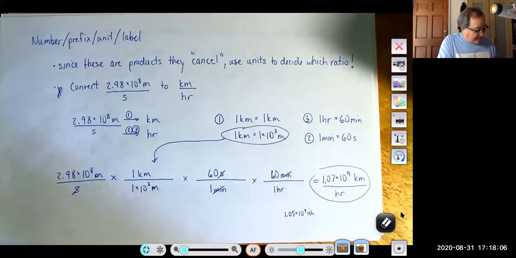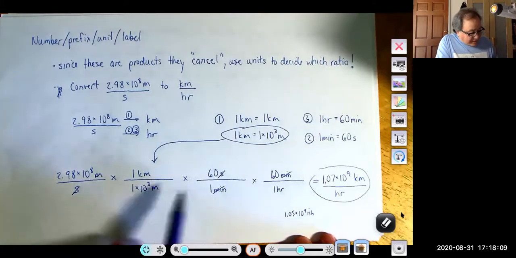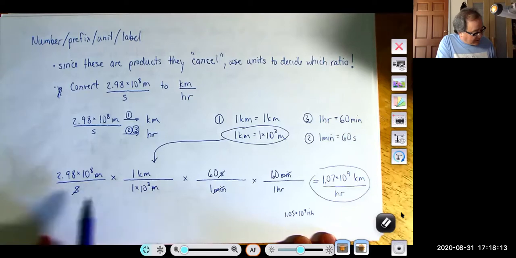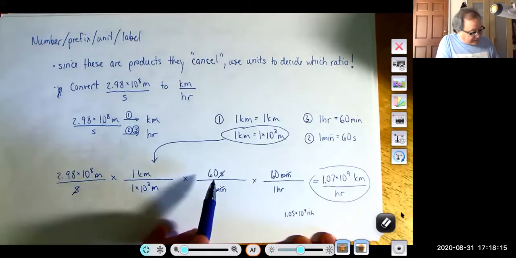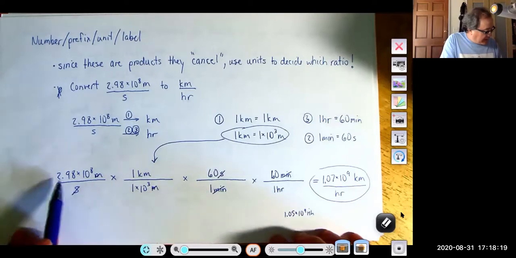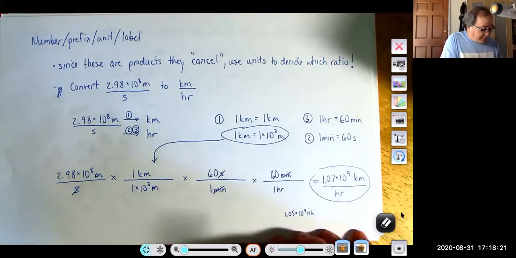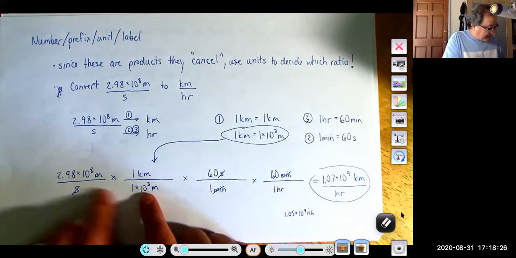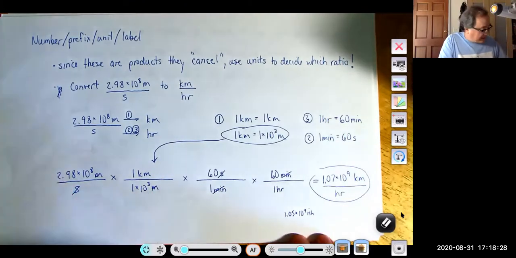Or we could say that one of these zeros cancels with one of these 10s. So we basically have 6 times 6 is 36 times 2.98, divided by another, the leftover 10, is 3.6, and 3.6 times 2.98 is 10.5, and so we get 1.05 times 10 to the 9th.